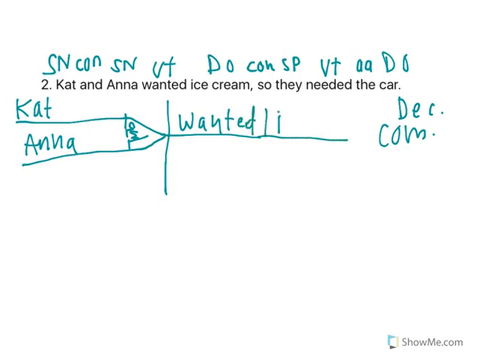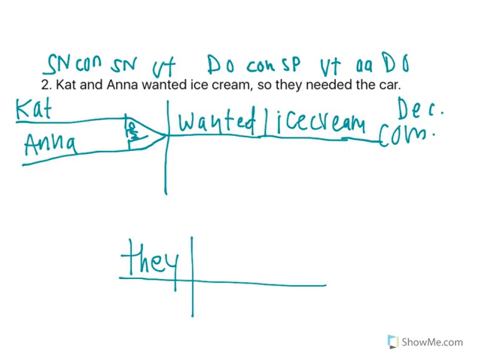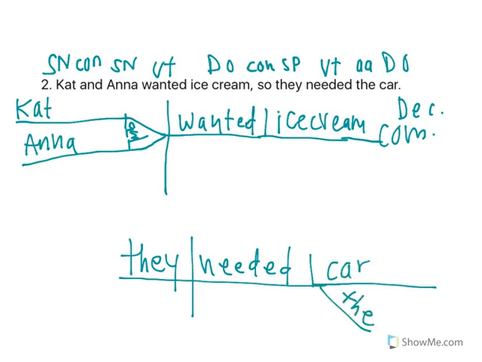Ice cream is our direct object. And our second independent clause says, so they needed the car. Our subject here is a subject pronoun, they. Our verb is needed. Needed what? Car is our direct object, and the modifies car.